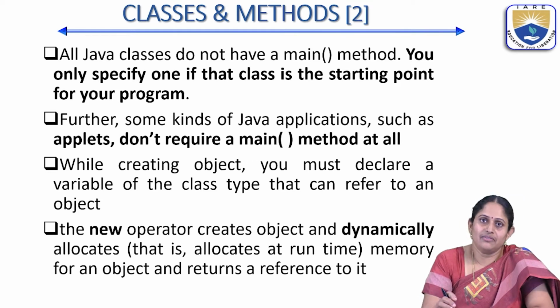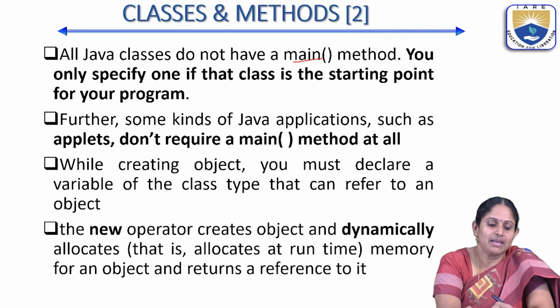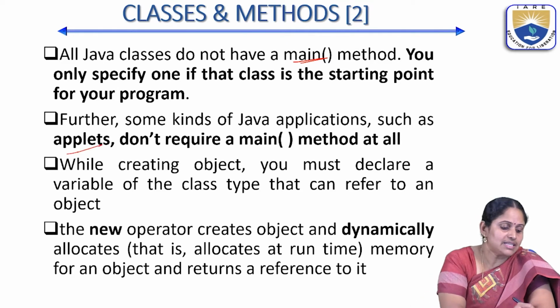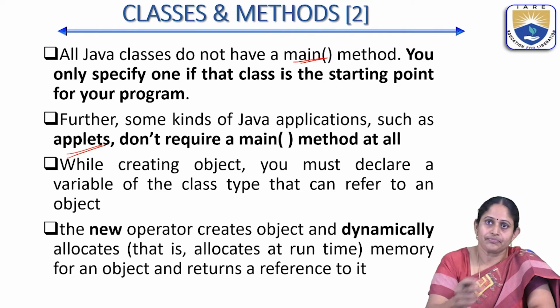Now, the first part of any program to be executed in Java will be the main method. The class which we have to execute first should contain the main method, and main is the starting point of your program. But not all applications need a main method. Applets do not use a main method.